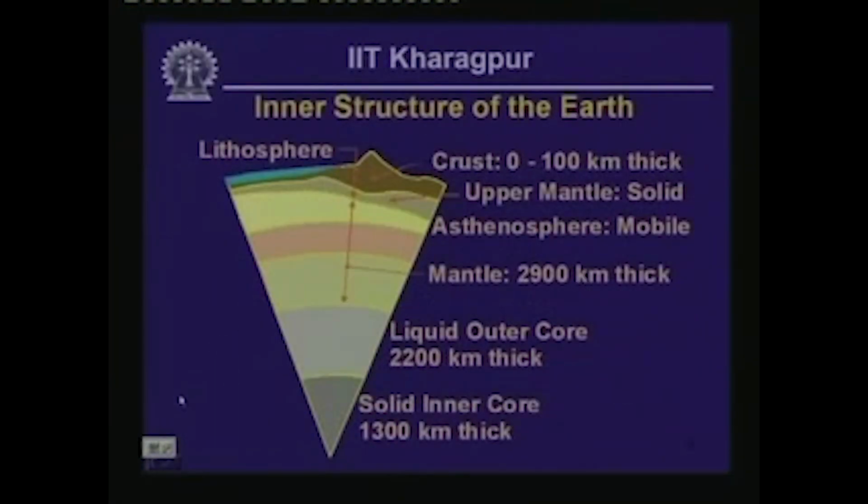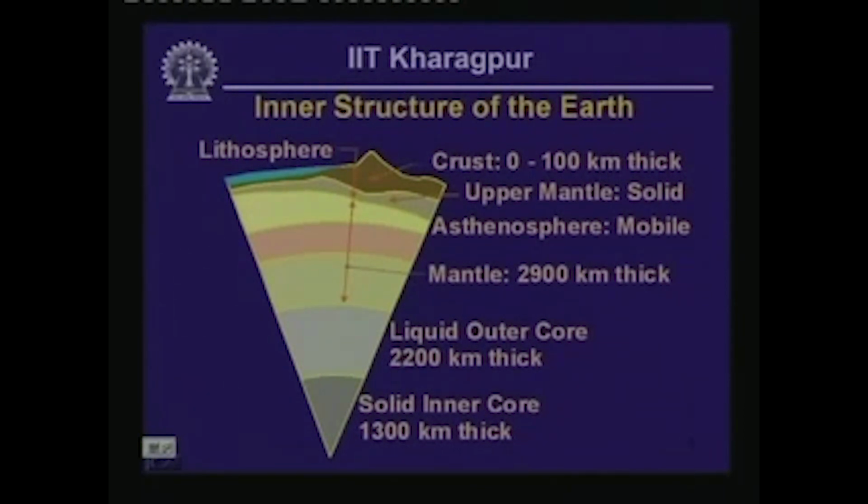Okay. Now, before we get into plate tectonics, let's recapitulate the inner structure of Earth. We looked at it some time back, and if you may recall, we have a crust of approximately 0 to 100 kilometers thick, underlain by upper mantle, and the upper mantle and crust are composed mainly of solid and brittle rock.